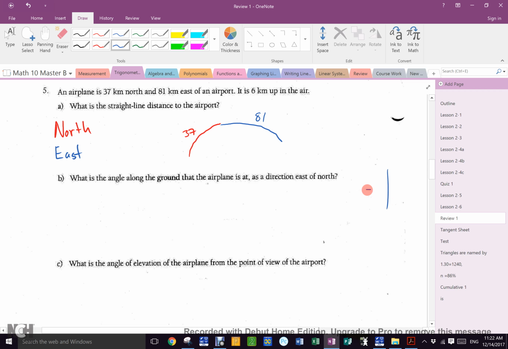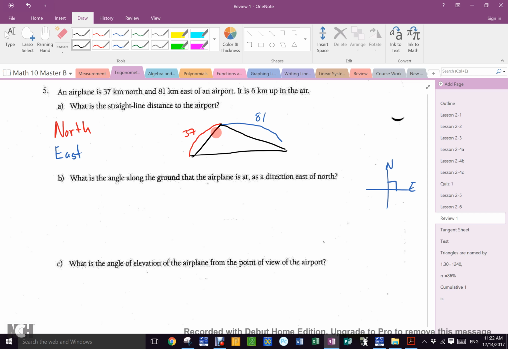Now, stop for a second. What is the real difference between north and east? How far is that? 90. So this is really a triangle with a 90-degree angle right there, yes? But it's on the surface of the earth, so I drew it curvy.